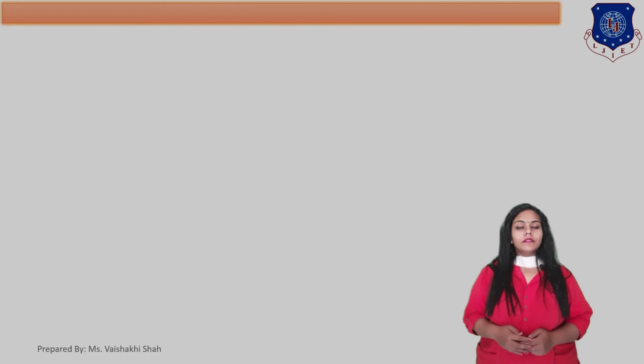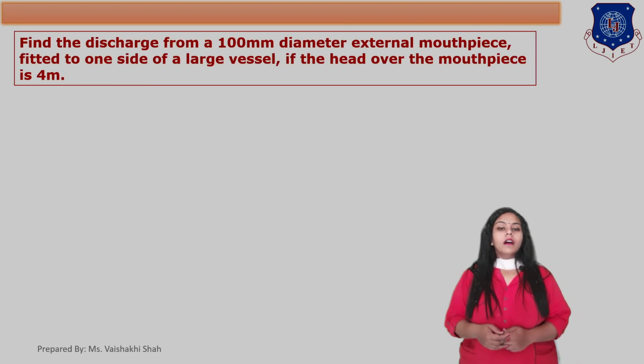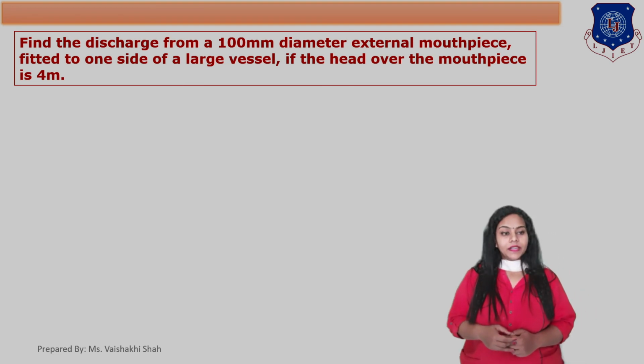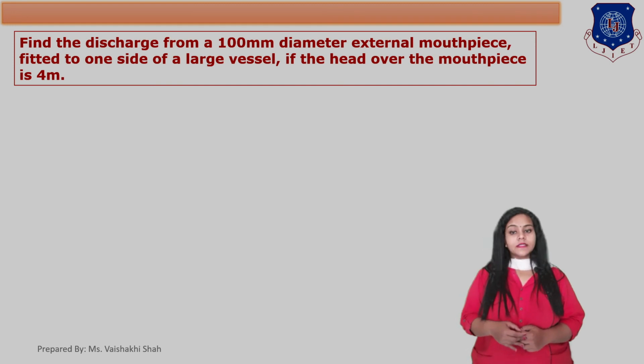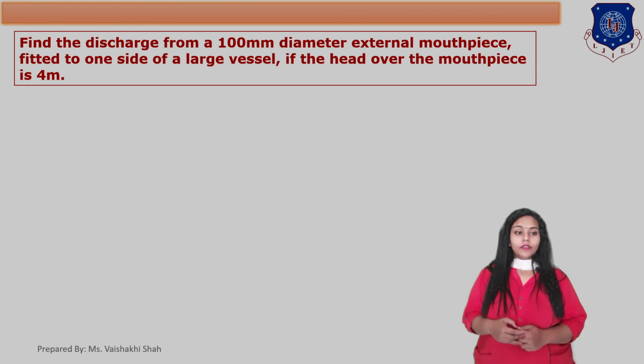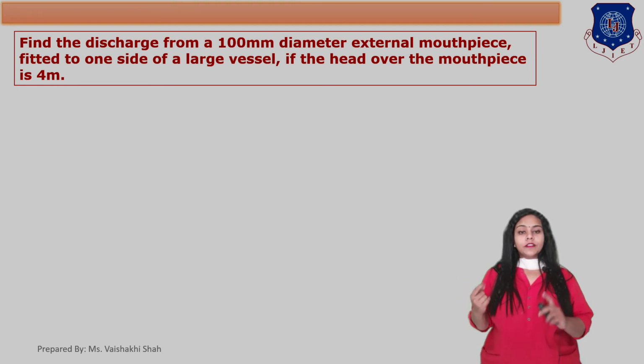Now we will solve an example based on this theory. Find the discharge from a 100 mm diameter external mouthpiece fitted on one side of a large vessel if the head over the mouthpiece is 4 meter. In this, the external mouthpiece diameter of 100 mm is given and head over the mouthpiece is 4 meter.